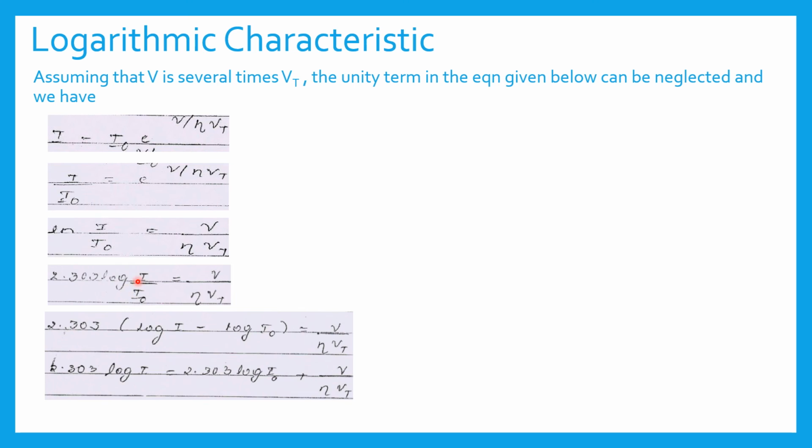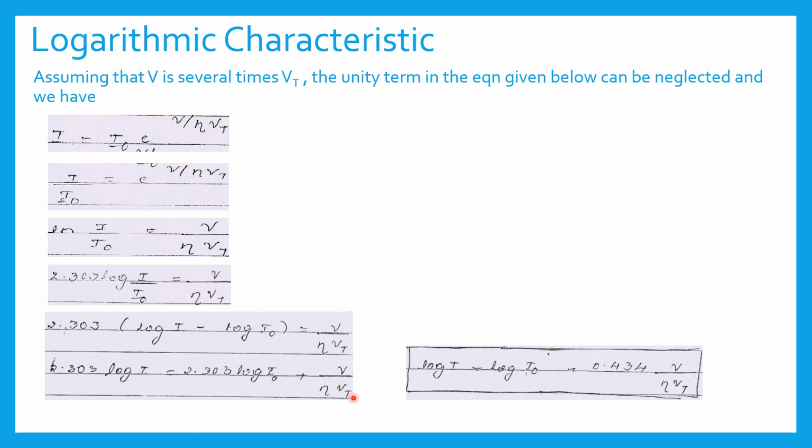We can write this log(I/I0) as log I minus log I0. Rearranging the equation, we get 2.303 log I is equal to 2.303 log I0 plus V/(eta Vt). So log I is equal to log I0 plus 0.434 V/(eta Vt).